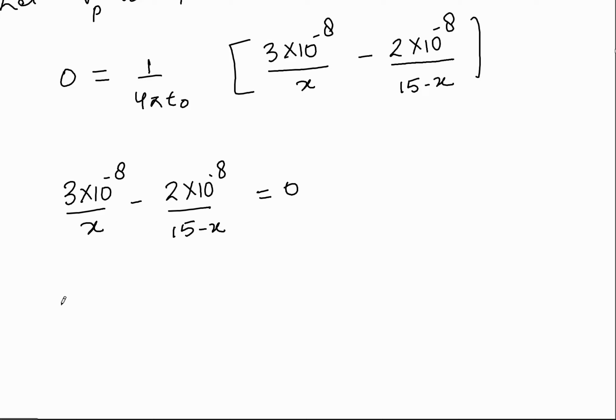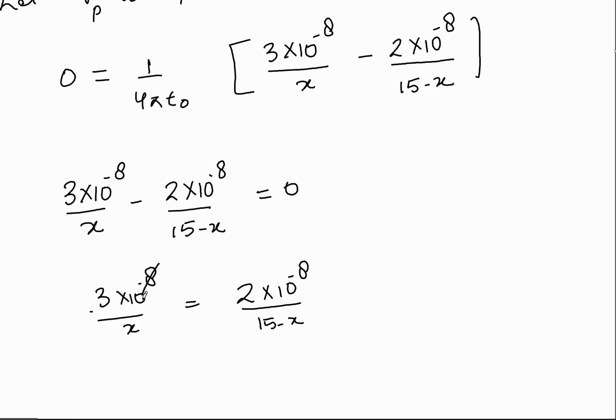So I'm going to solve it now, or I can solve it like this also. I'm just putting this on the right hand side. So this will be 3 into 10 raised to the power minus 8 divided by x is equal to 2 into 10 raised to the power minus 8 divided by 15 minus x.